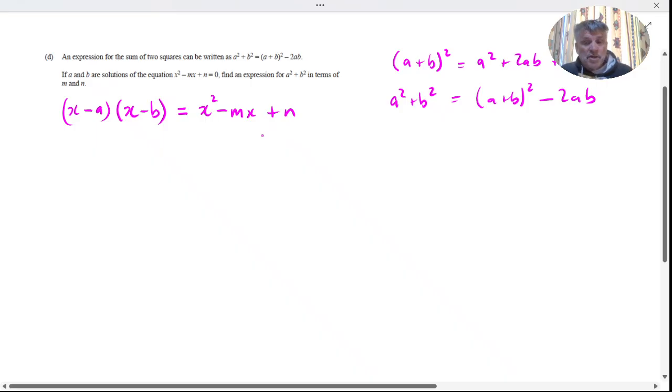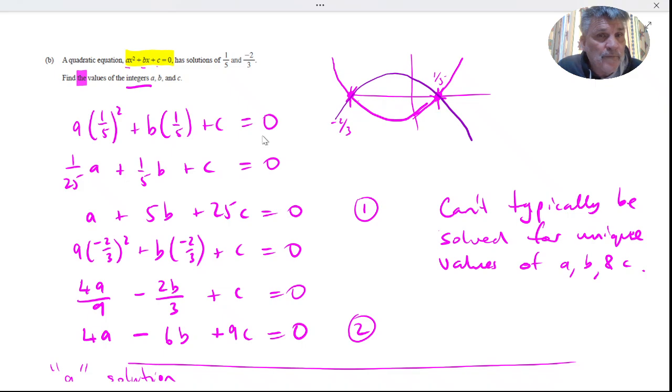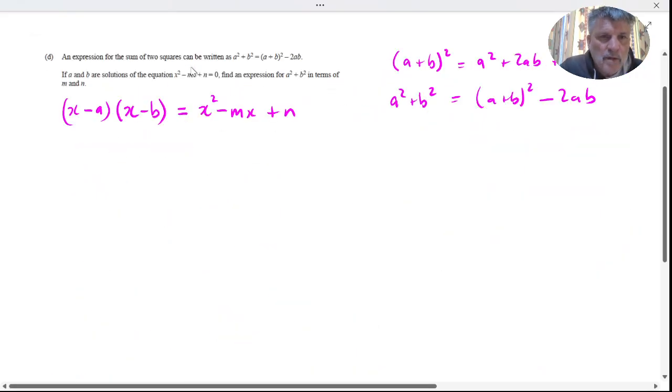Indeed, the question two questions ago, we've got 2 solutions and we've got 3 unknowns. This question is of a similar sort, but we've got 2 solutions and we've only got 2 unknowns. They've done that by fixing the coefficient of x squared as 1. And that's what I said.